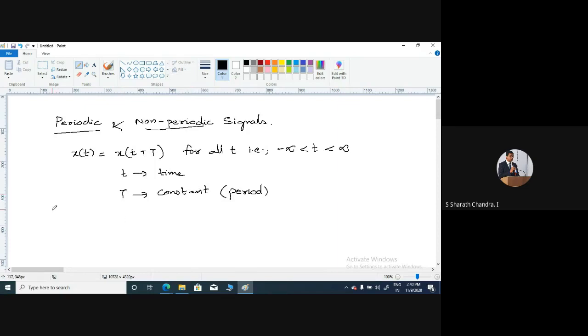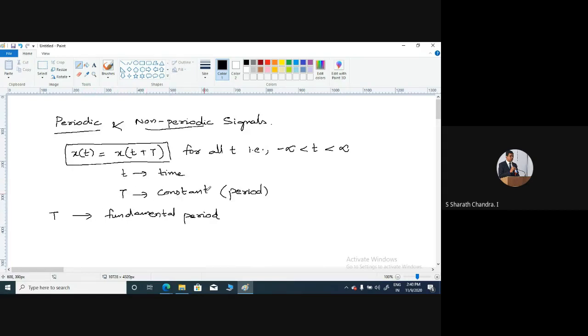And the smallest value of capital T which satisfies the above condition, x of t is equal to x of t plus T, we call the fundamental period, or simply the period of x of t.